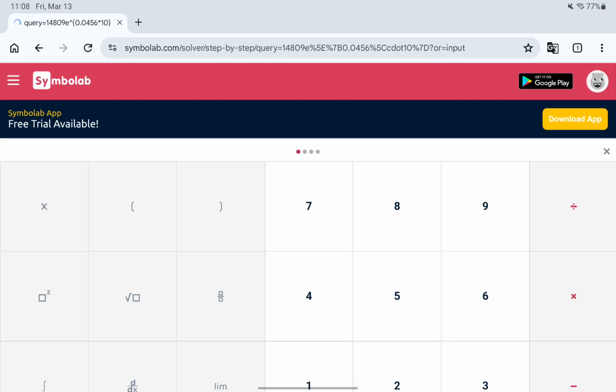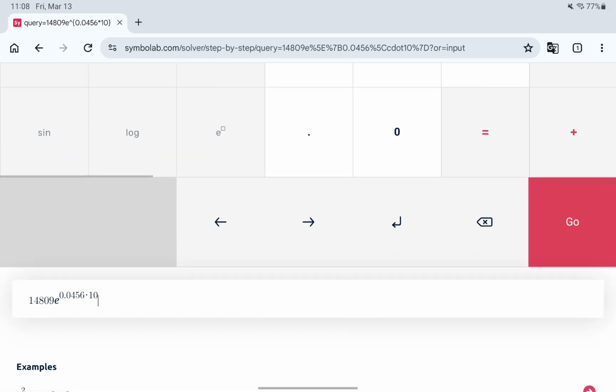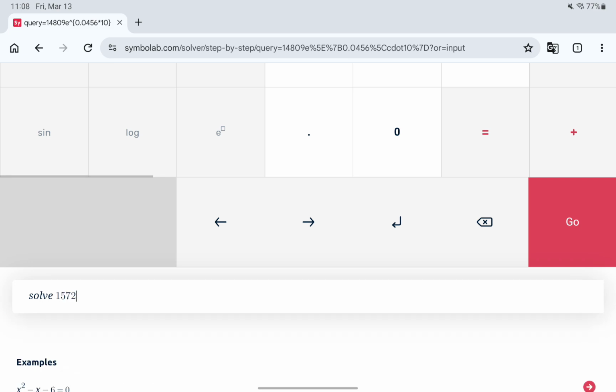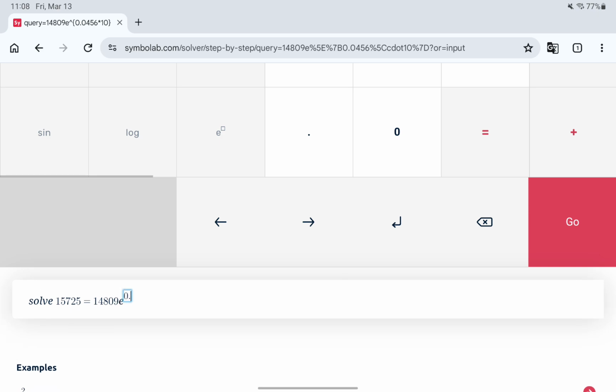In this case, we'll have to look at solving this equation. And so we'll ask Symbolab to solve 15,725 equals 14,809 E to the 0.0456 times T, making sure all of that is in that exponent.